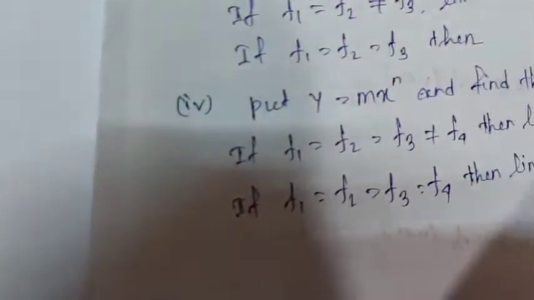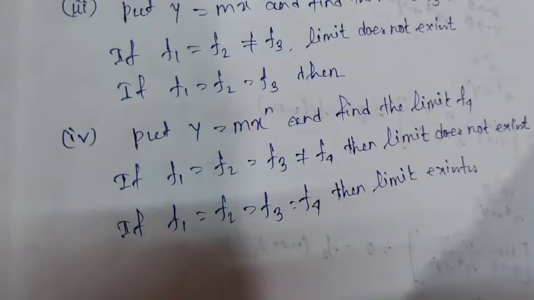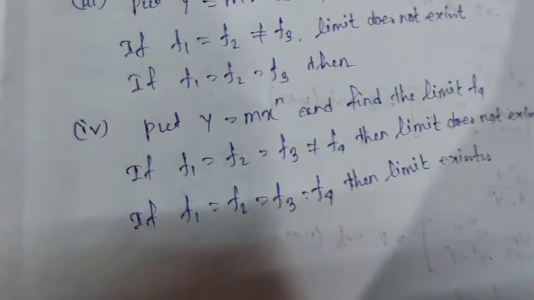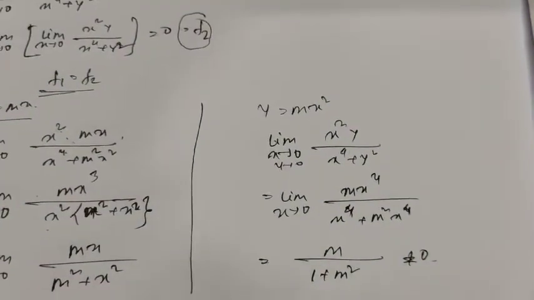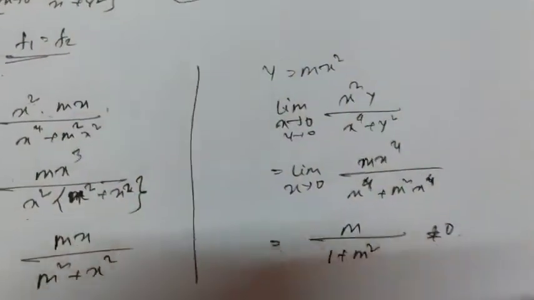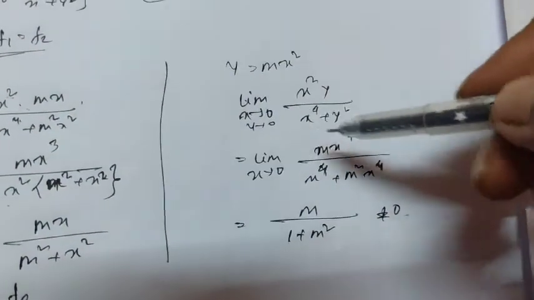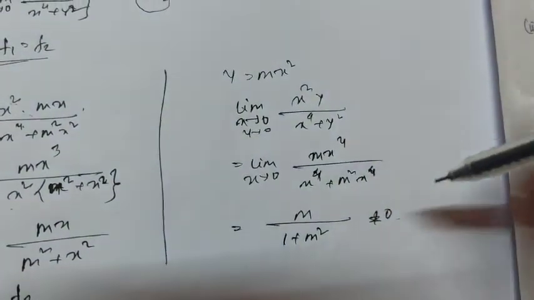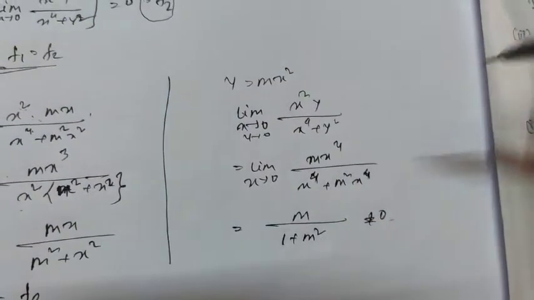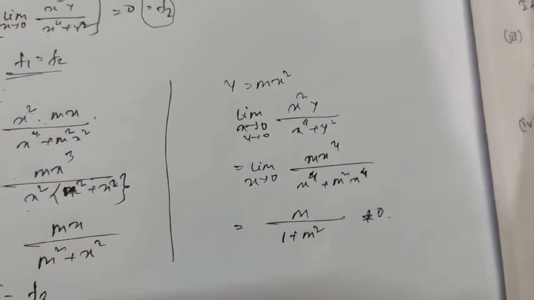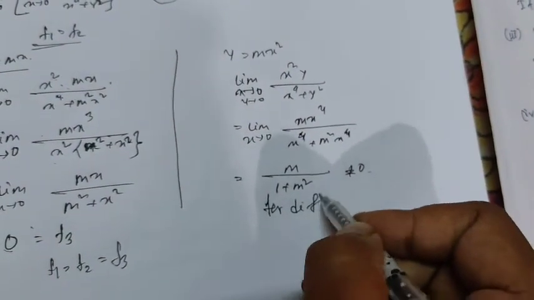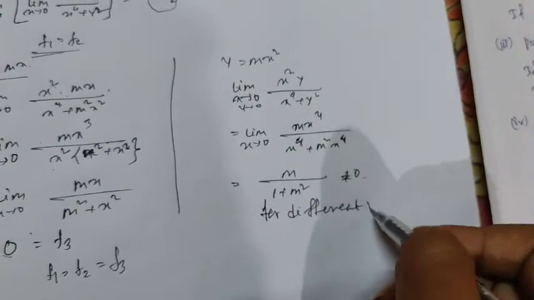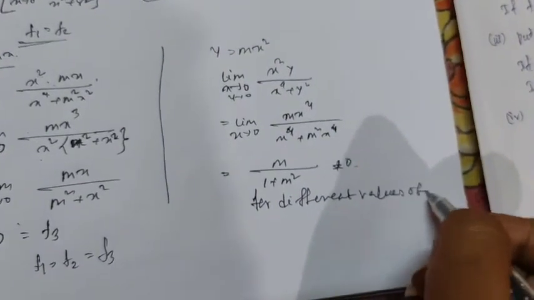So now we have to find f4, along the curve y is equal to mx to the power n. If we put y is equal to mx square, what we get from here is mx to the power 4 by x to the power 4 plus m square x to the power 4, and after simplification we get m by 1 plus m square, where we can find different values of the limit for different values of m.